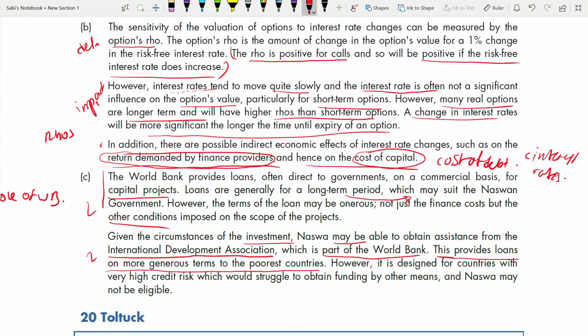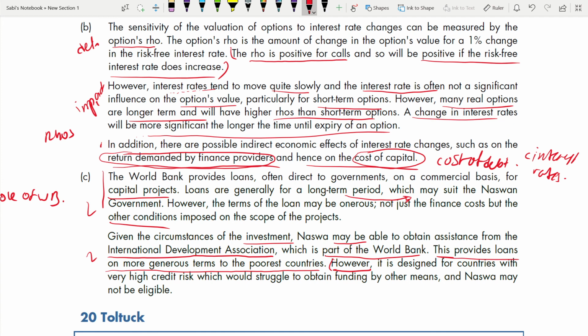Now, linking it back to the case study. However, it is designed for countries with very high credit risk, which would struggle to obtain funding by other means, and NASWA may not be eligible. See how they are ending it, how they are concluding. However, these are keywords, connecting words, I would say. Whenever you have to say something negative, which is not in favor, there is a way of saying it, a tone.